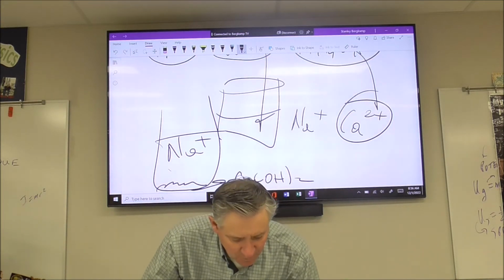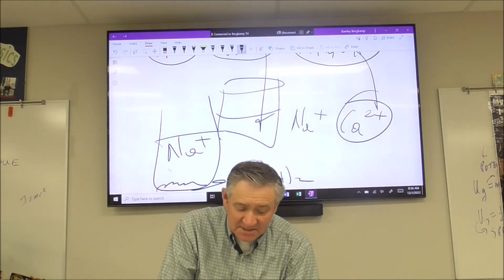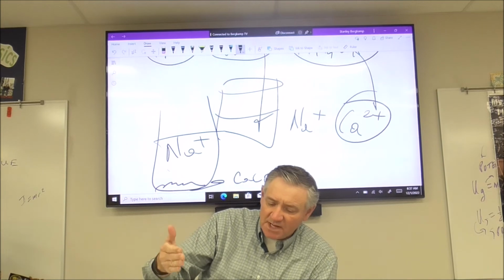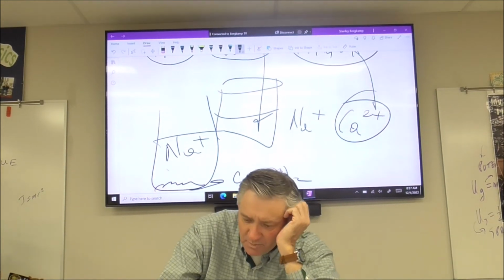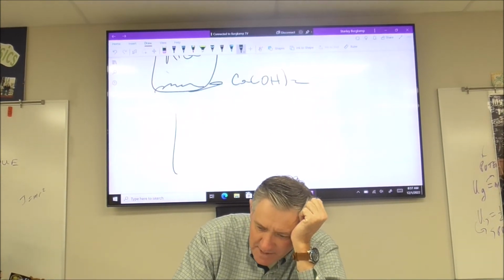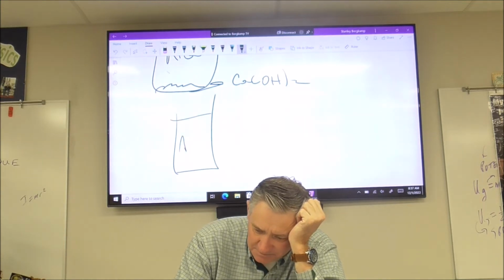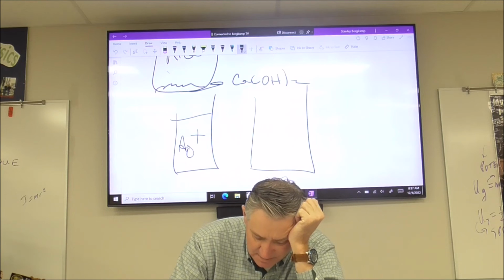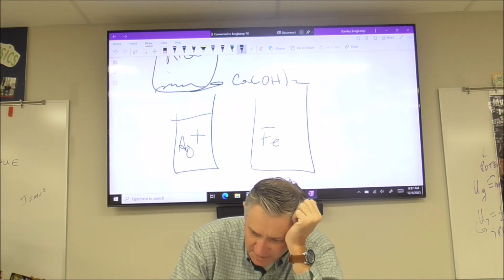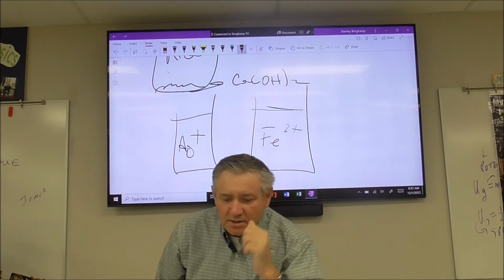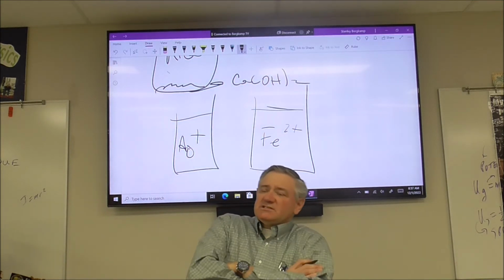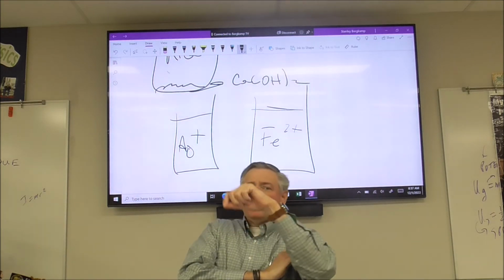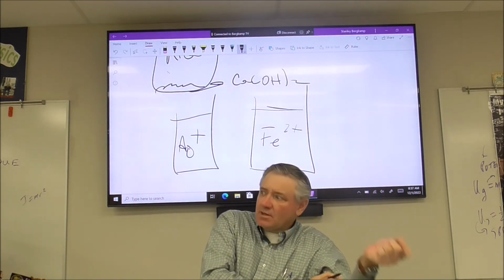Okay, so question number 4, and this is the same type of thing. Describe a procedure you could use to differentiate between two test tubes, one that contains silver ions and one that contains iron, Fe2+, it doesn't make any difference. What you want to do is find an anion that will form a precipitate with one of them, but not the other.